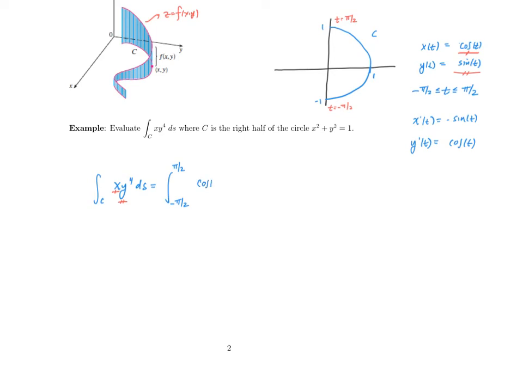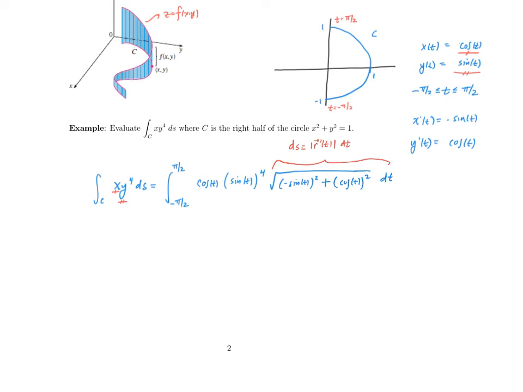So we'll have cosine t multiplied by sine of t to the fourth power. Then we multiply this by the square root of x prime squared plus y prime squared dt. And note this part that we've added on is ds, which can be represented, as we noted, as the magnitude of r prime dt.